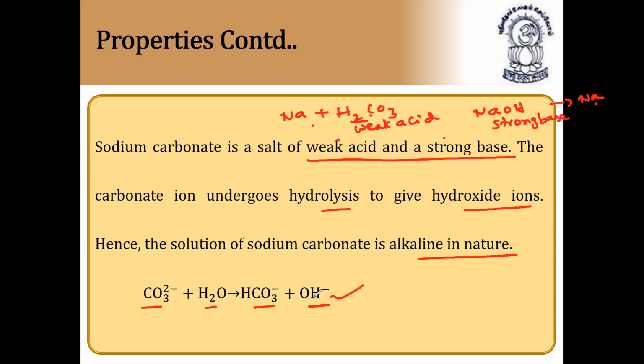Due to the formation of OH minus ions, the solution of sodium carbonate is alkaline in nature. Very important point. OH minus ions represent basic. That's why it is alkaline in nature. Next, continuation.